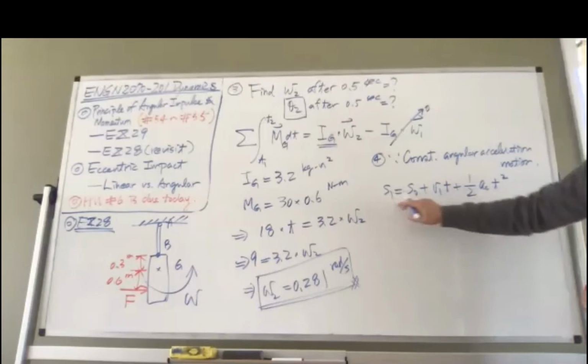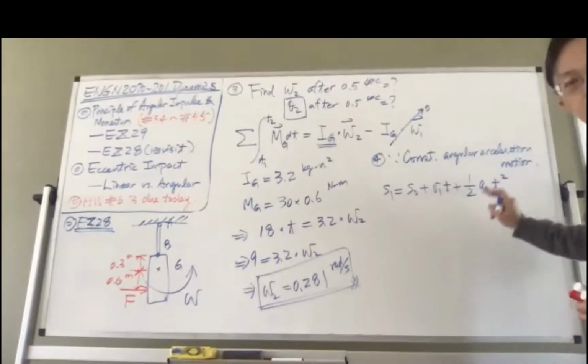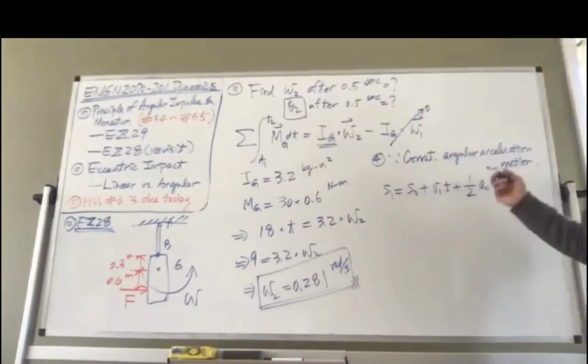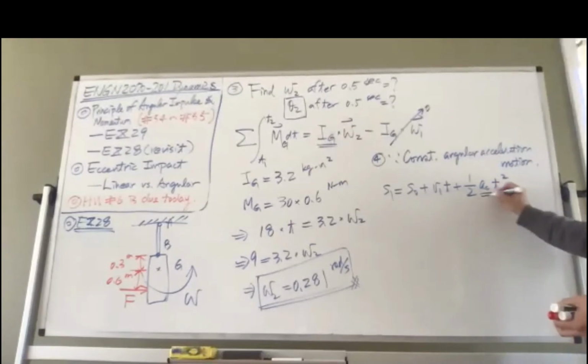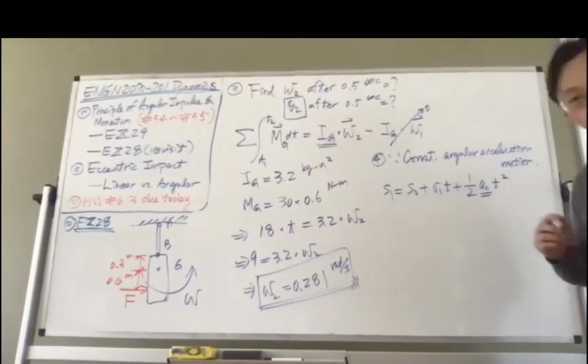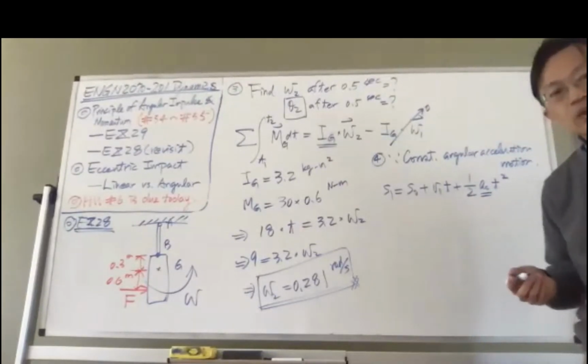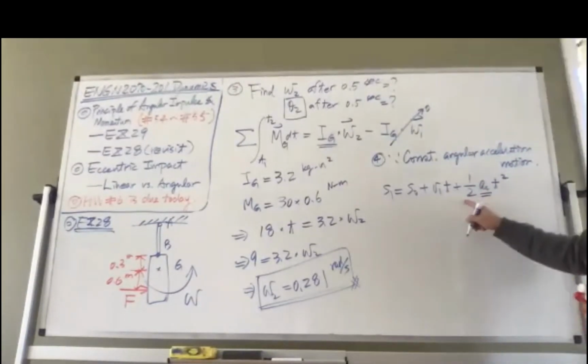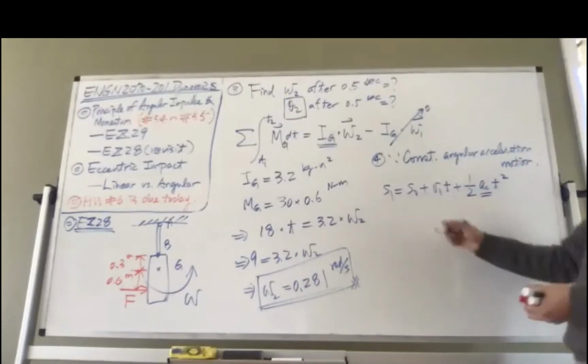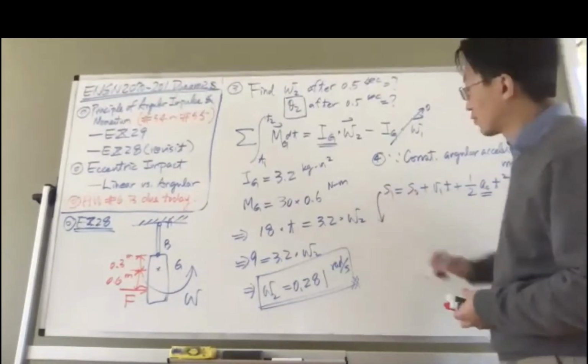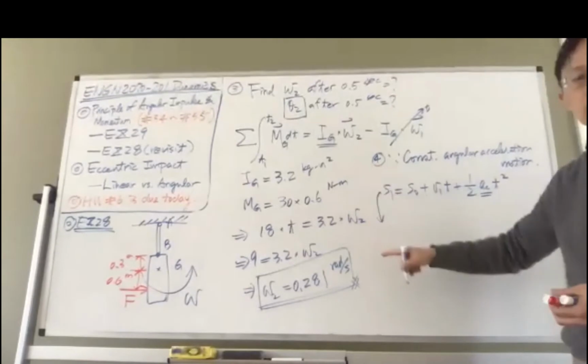We use this a lot in constant acceleration motion. How do we know it's constant acceleration? Because of this. In other words, if acceleration is not constant, this is not true.